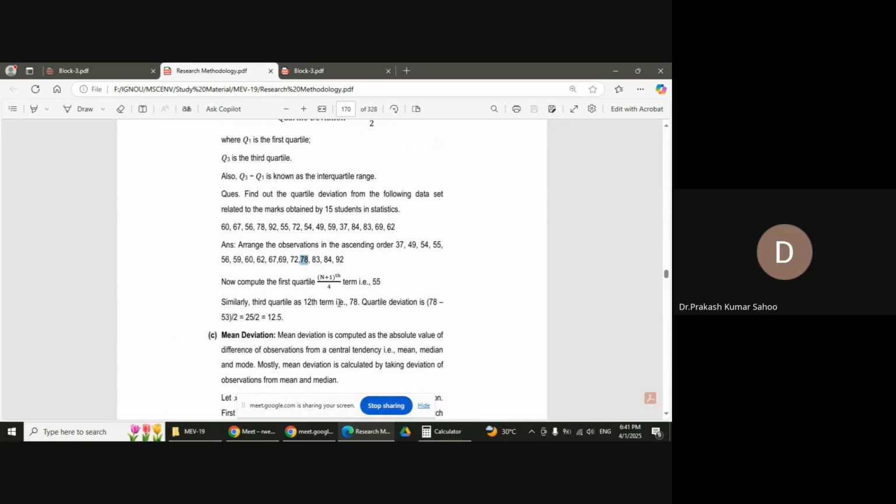So third is 78, first is 55, divided by 2. It is wrongly written here; it is actually 55. So 78 minus 55 divided by 2. Whatever answer you get will be your quartile deviation. And this is more specific than your range. Okay.